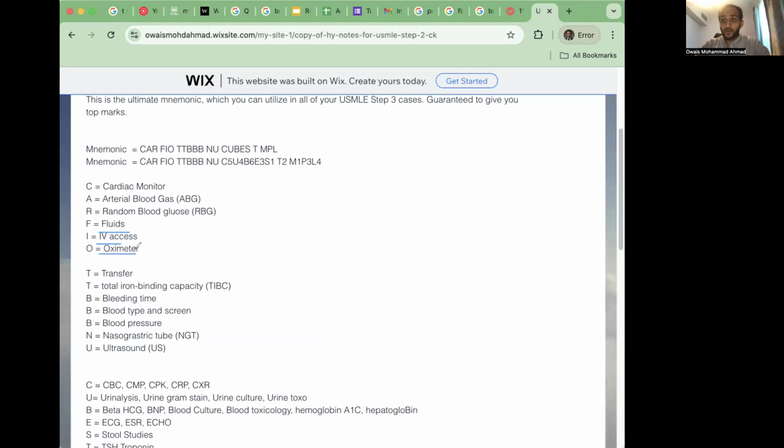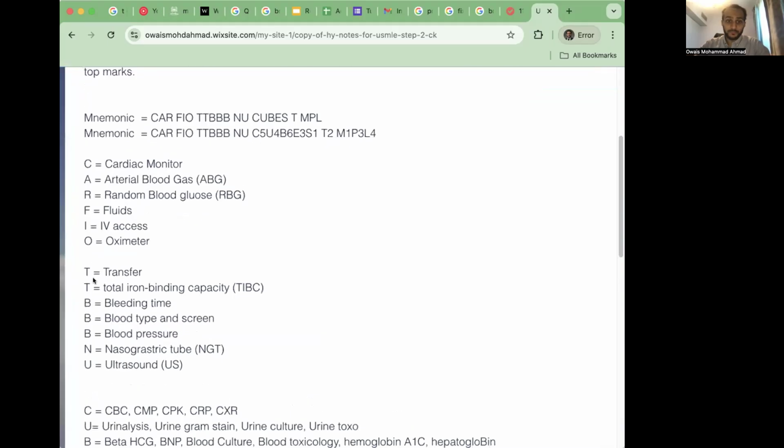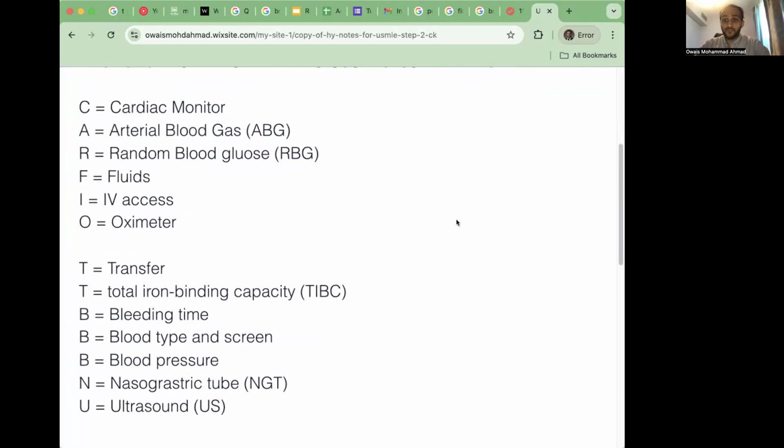Then we have the T, transfer: you may want to transfer them to a different department, or maybe the ICU. And then TIBC, your total iron binding capacity. Your B is bleeding time, blood type and screen, and blood pressure. Your N is nasogastric tube, and U is ultrasound. So those are your main ones over here.